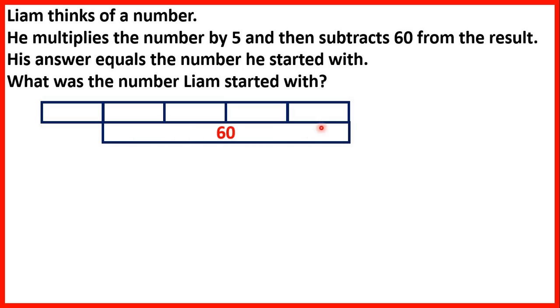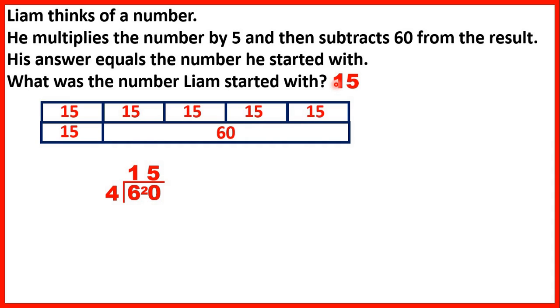So if we subtract 60, then we get the same as what he started with. So we can see that these 4 bars are the same as 60. So if we divide 60 by 4, we know that each bar must be 15. So Liam started with the number 15.